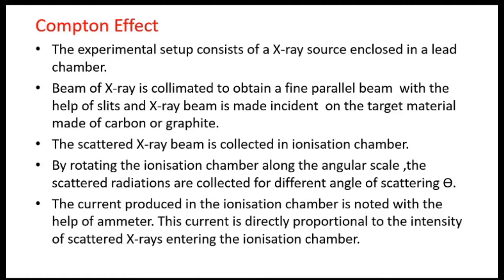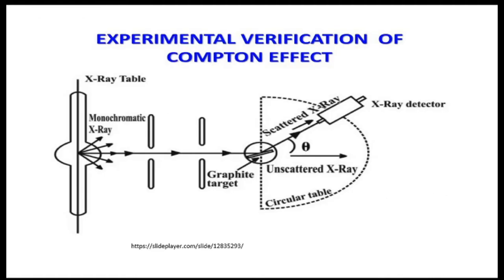The beam so emitted is collimated with the help of slits to obtain a fine parallel beam of X-rays, and it is made incident on the target material, which is made up of graphite.